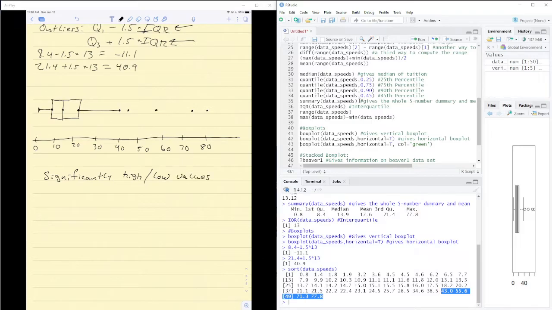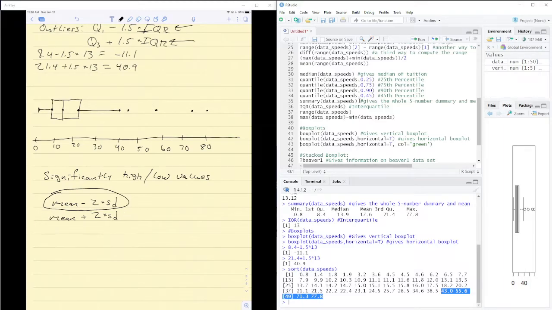One good rule of thumb is to calculate the mean minus 2 standard deviations and the mean plus 2 standard deviations.